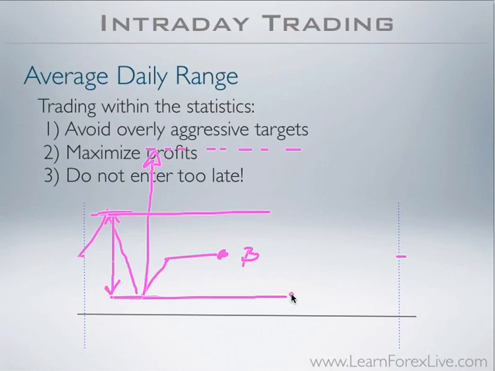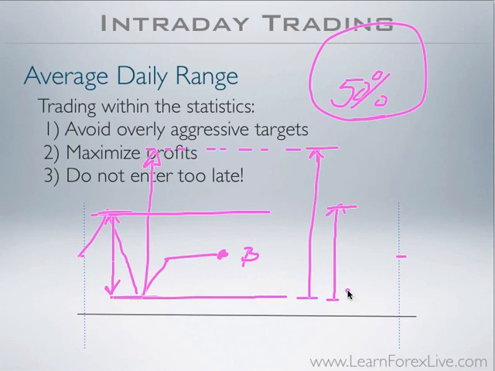And my rule of thumb: if the current day's range is beyond 50% of the average daily range, this being the average daily range, this being the current daily range, average daily range up to here, current daily range up to there, so if it's beyond 50%, you don't take the trade.